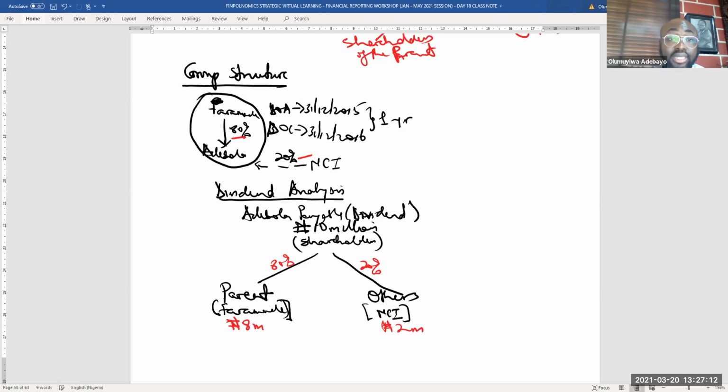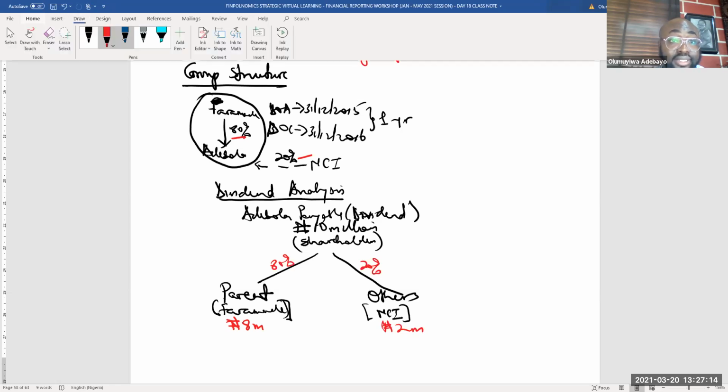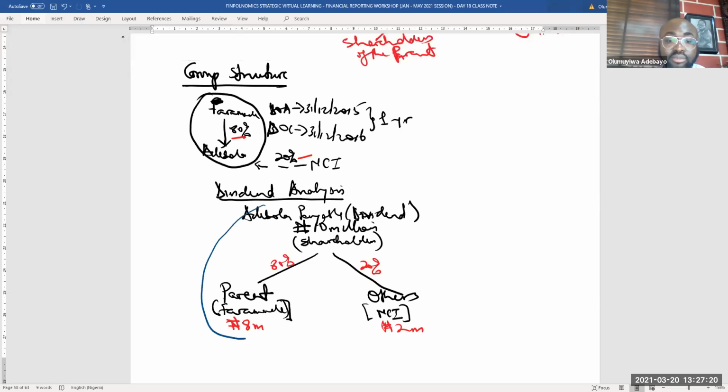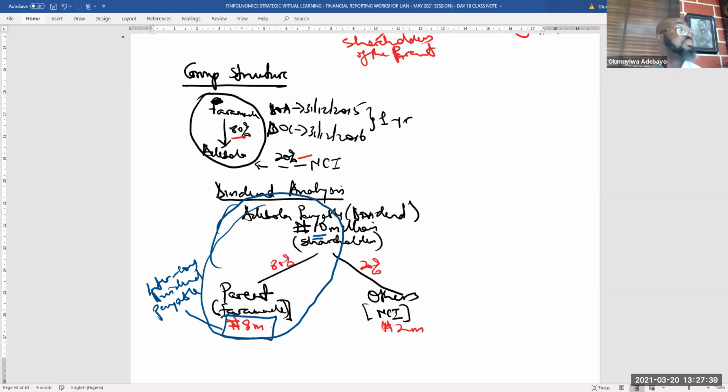2 million. Hence, the amount that is intercompany is what is between the parent and Adebayo out of this 10 million, which is what? 8 million naira. Therefore, the 8 million is the intercompany dividend payable.